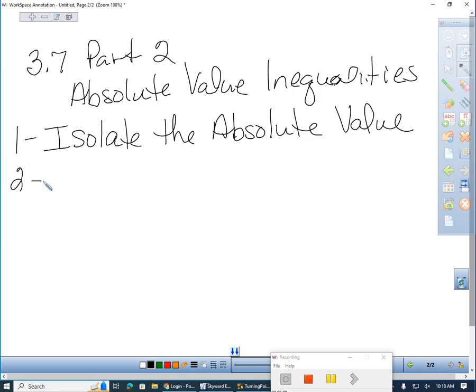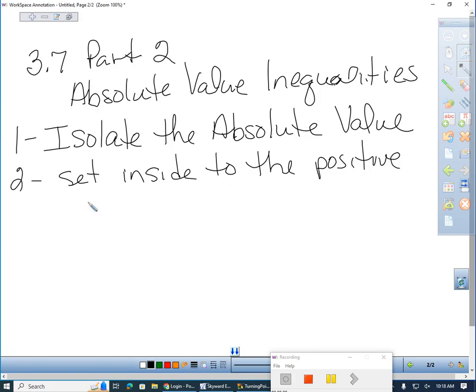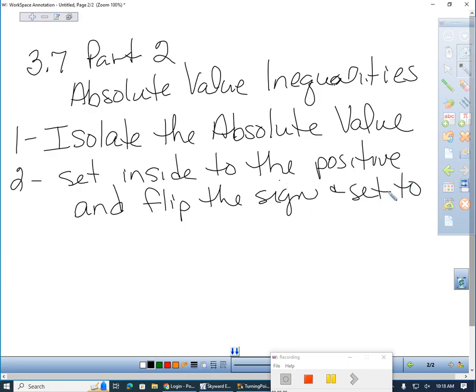Step number 2, once you've isolated the absolute value, you set what's inside to the positive and flip the inequality sign, and set to the negative. Step 3, solve both.